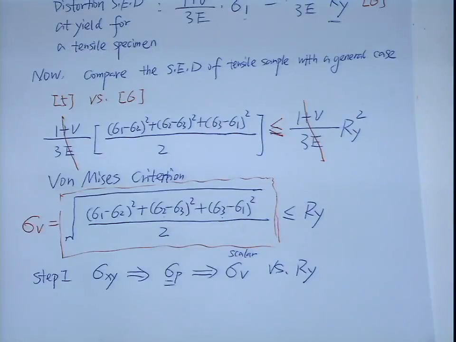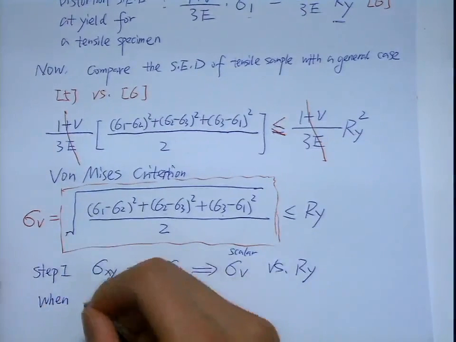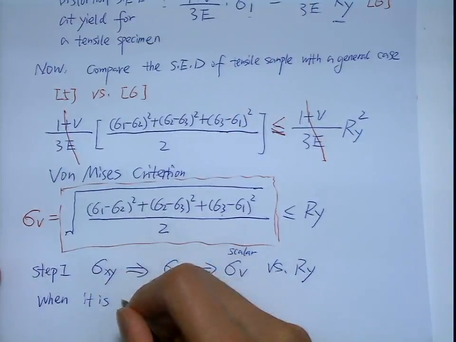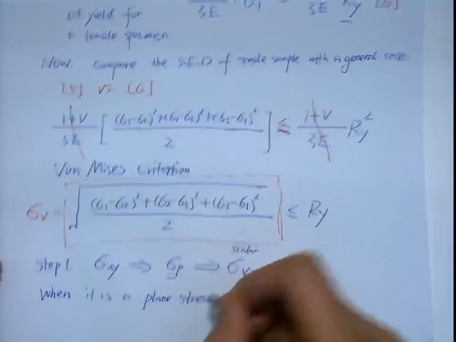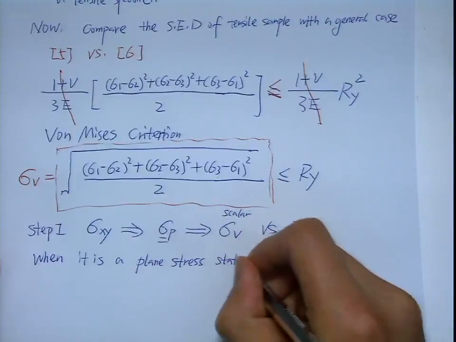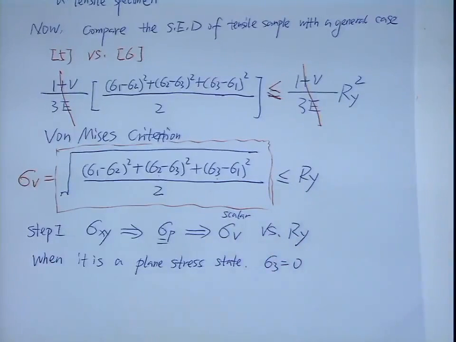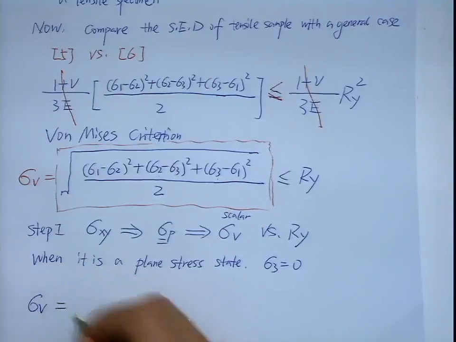Okay? So let's look at a special case when it is a plane stress state, which means sigma 3 equals 0. So that term can be even simplified.